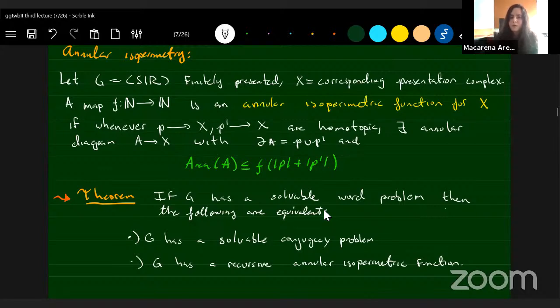So it's necessary to have this hypothesis here of the group having a solvable word problem, because we saw a few slides ago that the word problem is a particular instance of the conjugacy problem. So if the word problem is not solvable, there's no hope for the conjugacy problem to be solvable either. Okay.